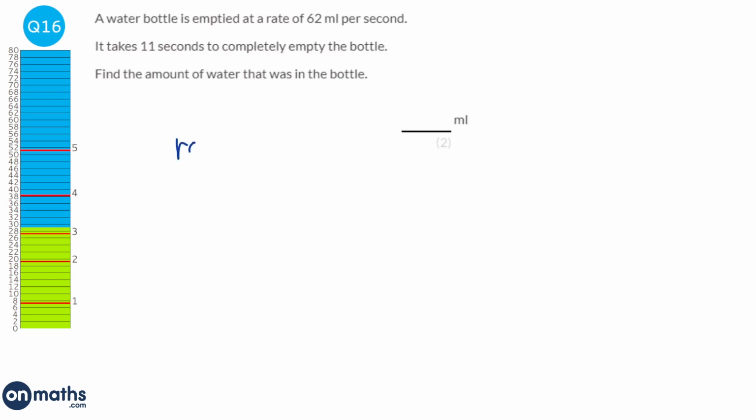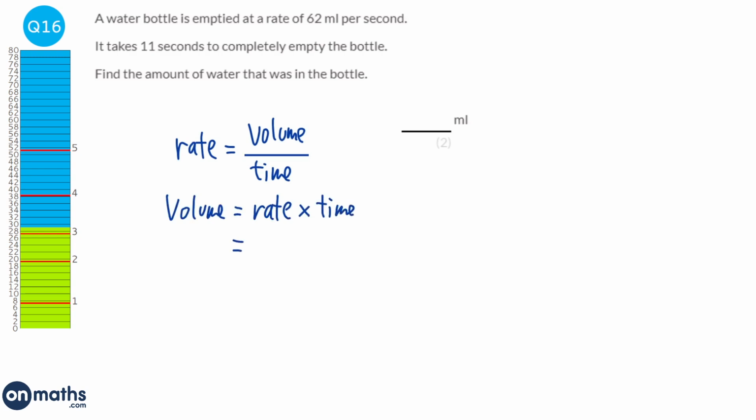Rate is always something over time. So in this question, we can write a quick formula of rate is volume, like released from the water bottle, over time. Now because we're looking for the volume of the water, we can rearrange it so that we have volume equals rate times time.